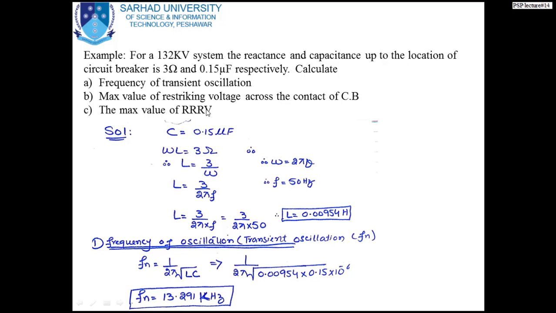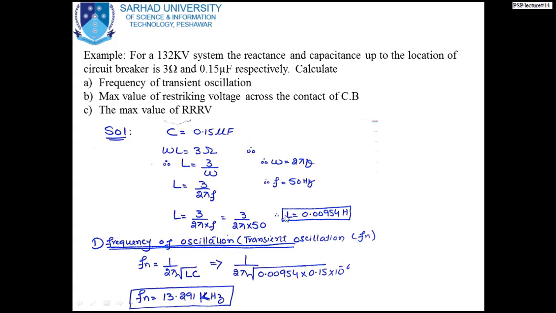Now gentlemen, since inductance is not given in Henry, it should be, but it's given in ohm, so it has to be converted into Henry. But C is directly given in farad or microfarad. So omega L is equal to 3 ohm, and L is equal to 3 divided by omega, where omega is equal to 2 pi f, and f is the normal power frequency, 50 hertz.